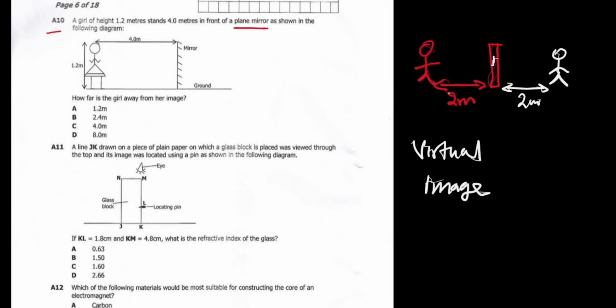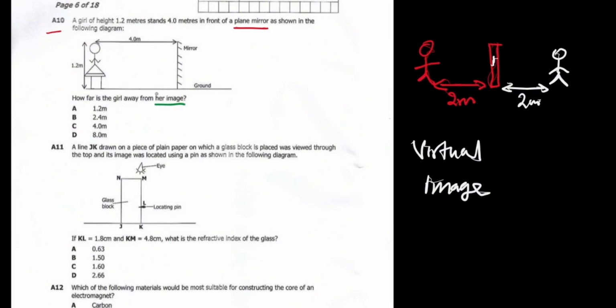So make sure you understand that if it is a plane mirror, then the image is actually virtual and it is produced at the back of the mirror and it has the same distance from the mirror as the object is from the mirror. So how far is the girl from her image? That's the key. It is from her image, not from the mirror.